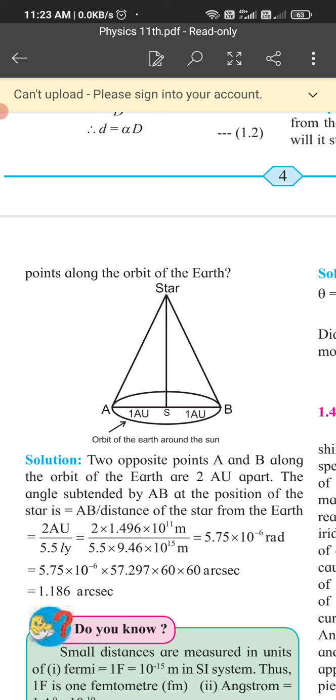So while solving we get 5.75 into 10 raised to minus 6 rad, or 5.75 into 10 raised to minus 6 into 57.297 into 60 into 60 arc second, which is equal to 1.186 arc second.